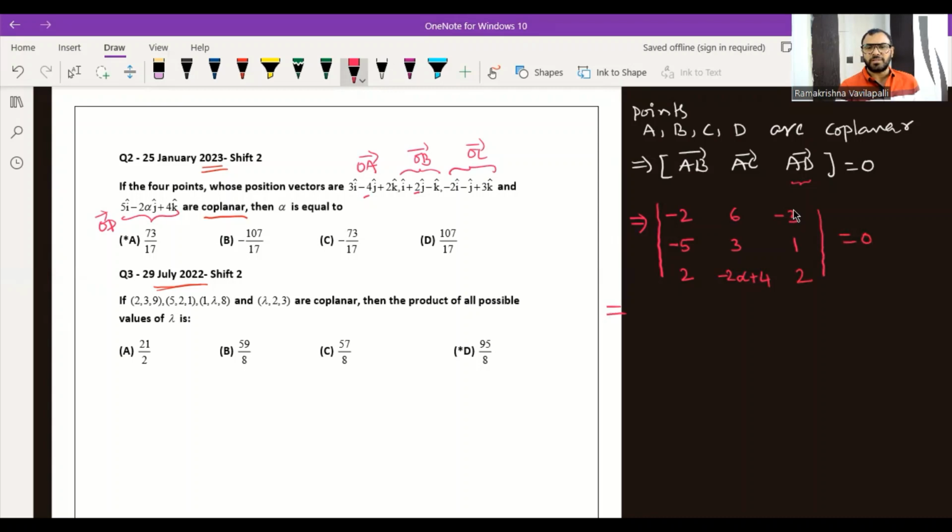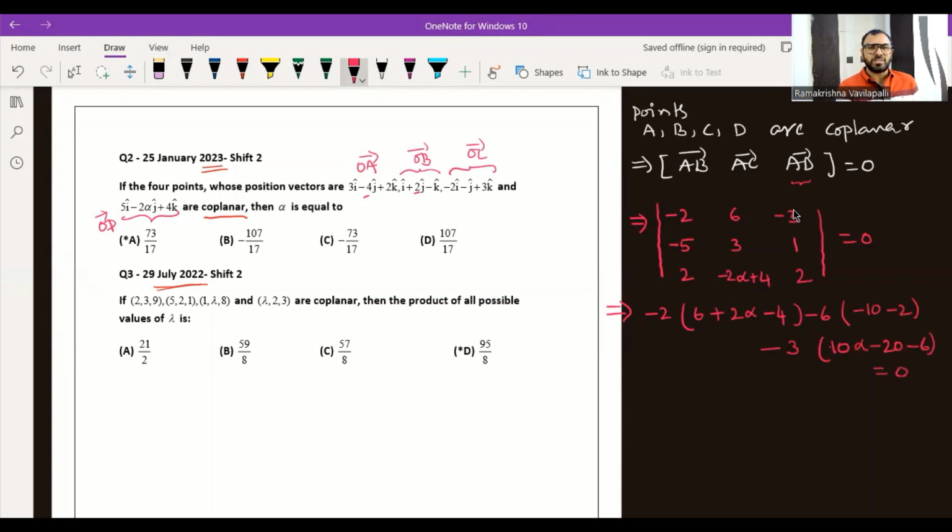So this implies, just expand the determinant, minus 2 times of, this is 6 plus 2 alpha minus 4, minus 6 times of, minus 10 minus 2, minus 3 times of, minus 10 plus 10 alpha minus 20 minus 6 equal to 0.